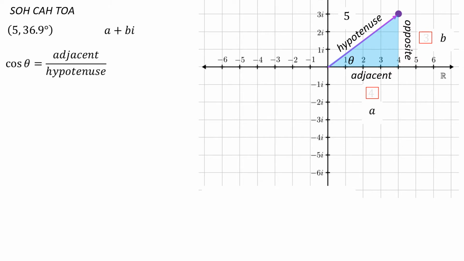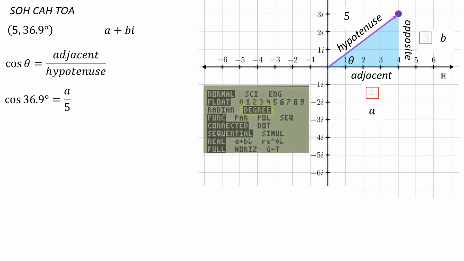Well, I know the cosine of theta is adjacent over hypotenuse. In this case, it's the real number component A over, well, 5, because our hypotenuse here is 5. Now again, I want to make sure I am set for degrees to do anything.